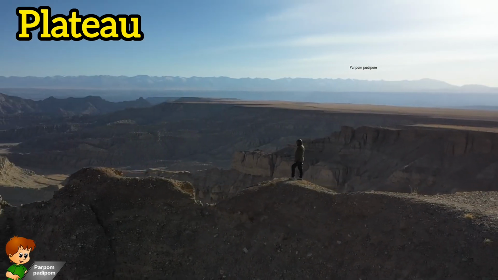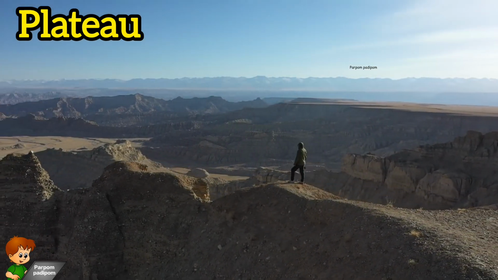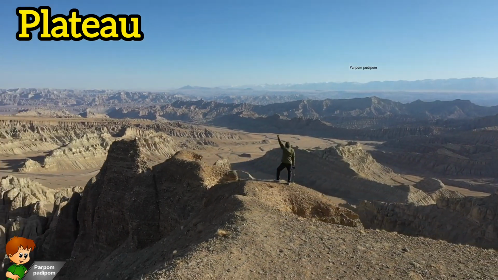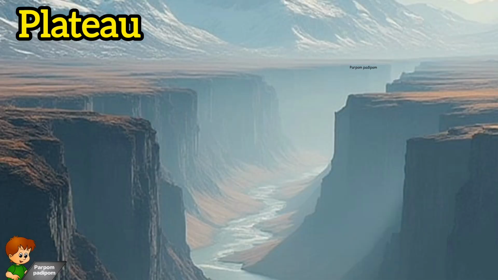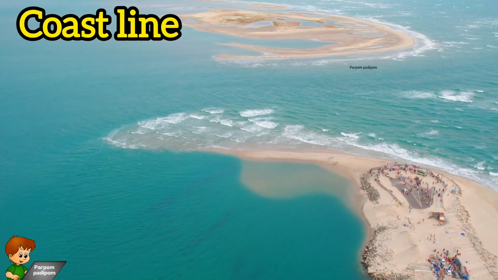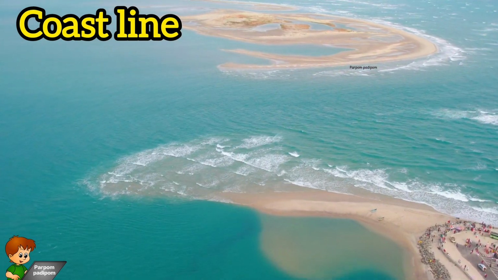The Plateau region lies to the south of the northern plains and extends till Kanyakumari, the southernmost tip of peninsular India. India has a beautiful coastline on both its eastern and western sides.